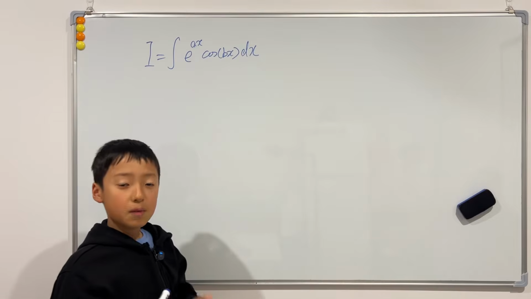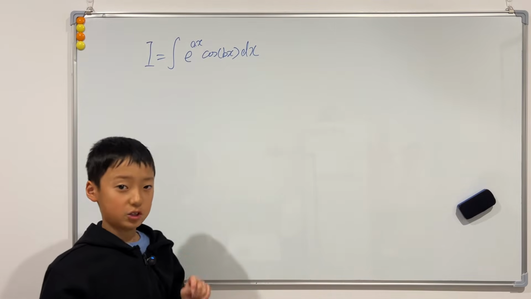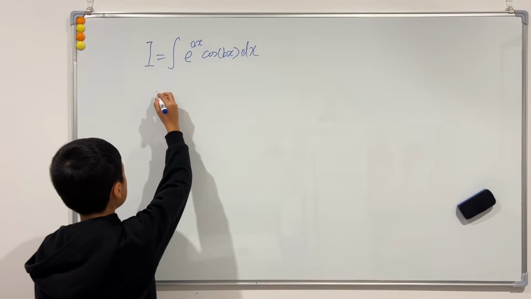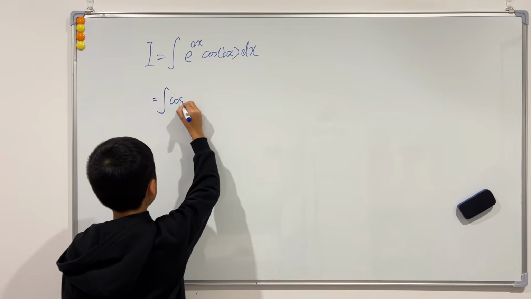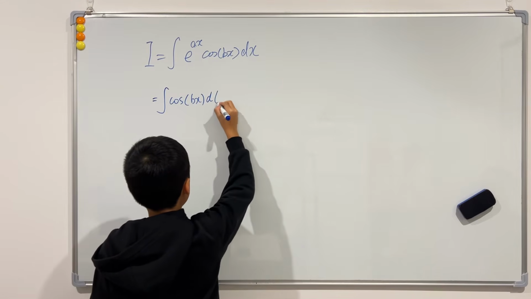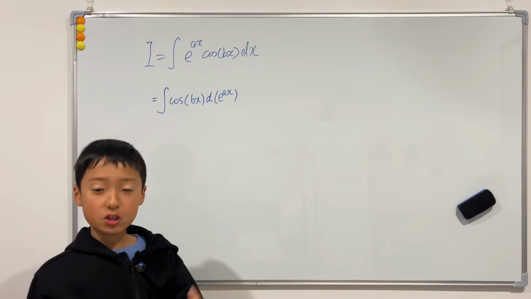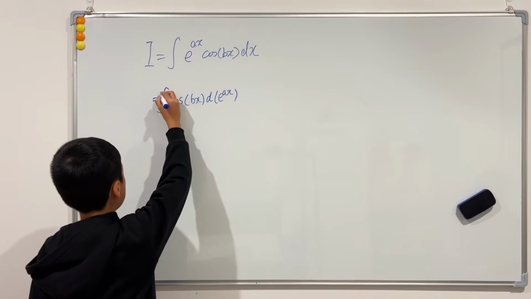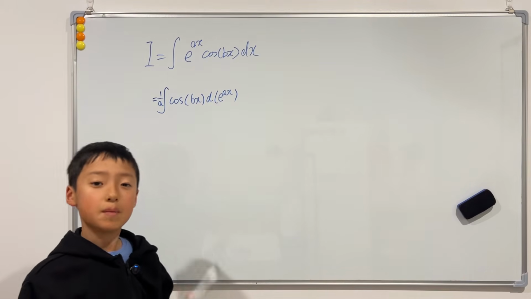Well, as you might already know, you can just put this e to the ax into the differential. So this will just be equal to the integral of cosine of bx times d e to the ax. And because of the chain rule, you need to multiply the outside by 1 over a. So now we can use integration by parts.